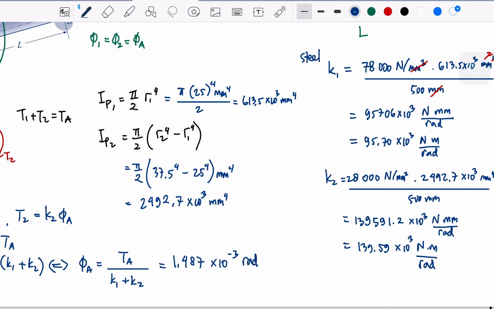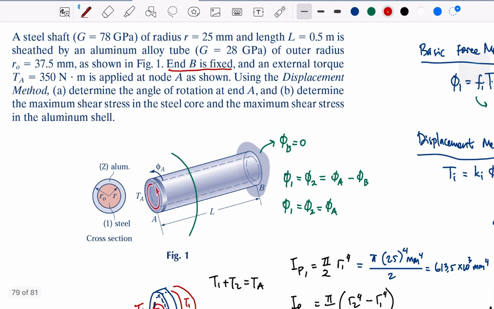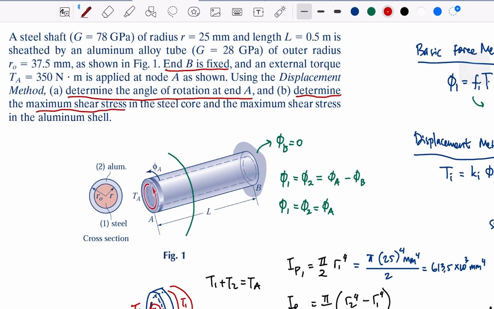If you need to get into degrees, then you need to convert with pi. And the question is for A, the angle of rotation. Now for B, we need to determine the maximum stress, both in steel and in aluminum.